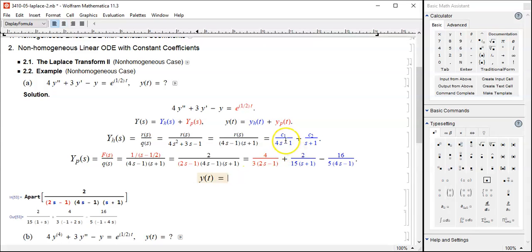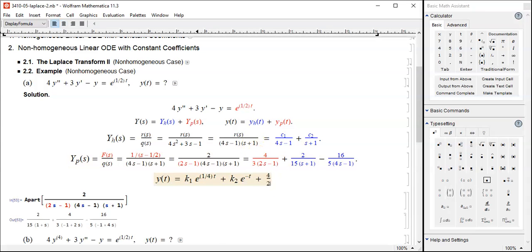Taking the Laplace inversion, this one and that one give k1 exponential of 1/4 t plus k2 exponential of negative t, and plus finally this one. Let's see, 4/3 over 2s minus 1, so 2/3 exponential of 1/2 t.